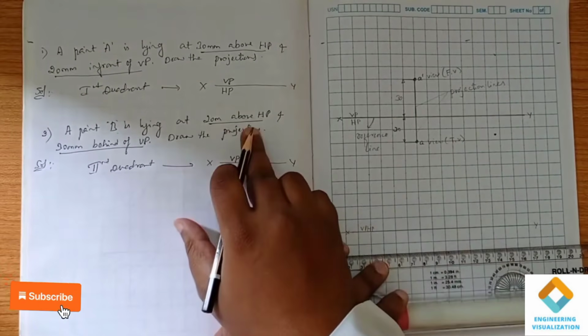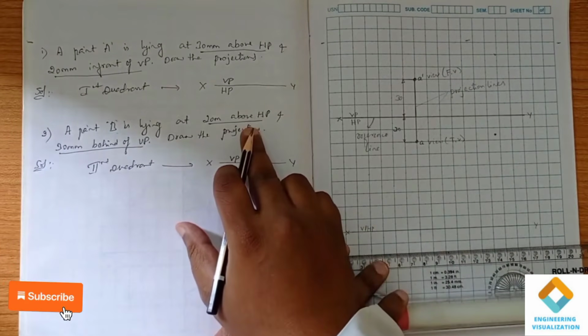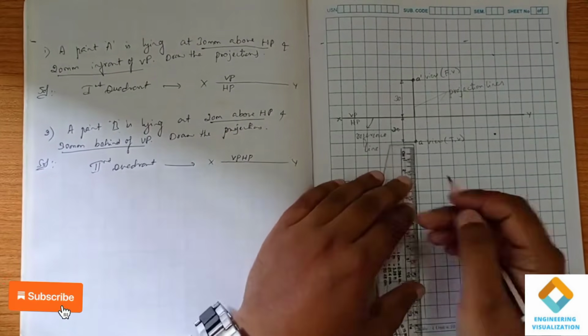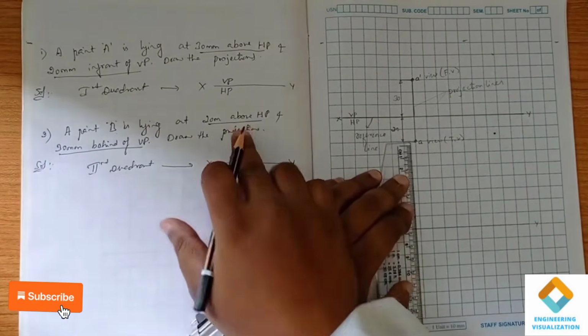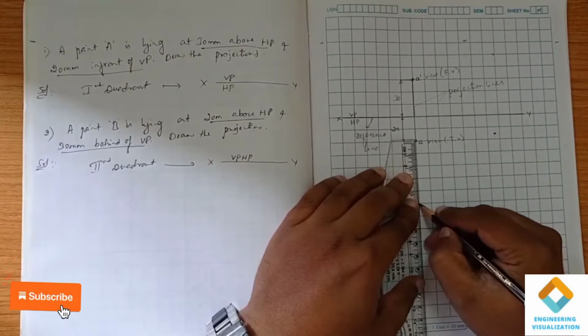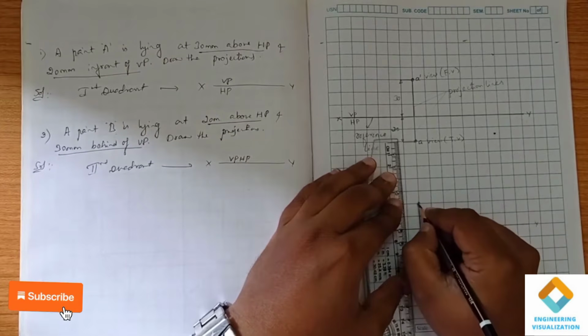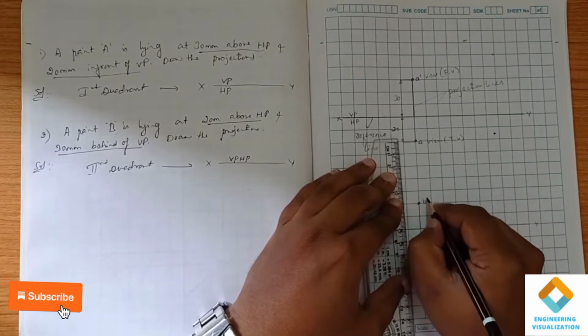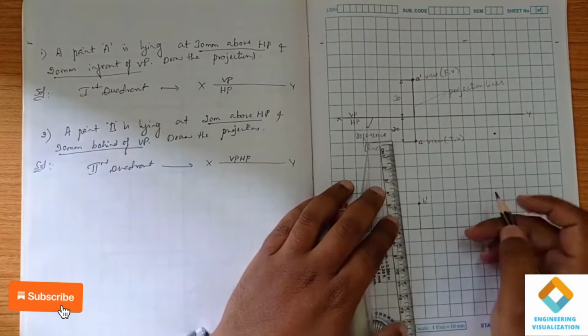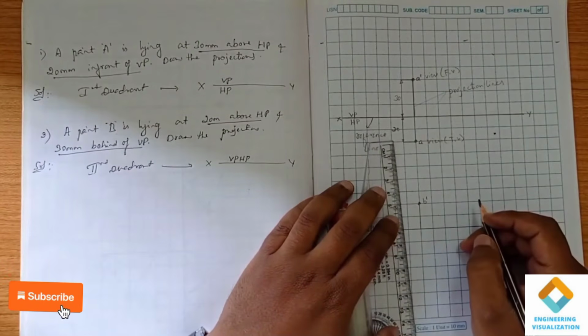We know that if any point is lying above the HP, it is in front view. So first we draw the front view. If a point is lying above HP, it is front view. So we put a point here. This is B dash. Next, 30 mm behind of VP. Behind of VP means it is top view.